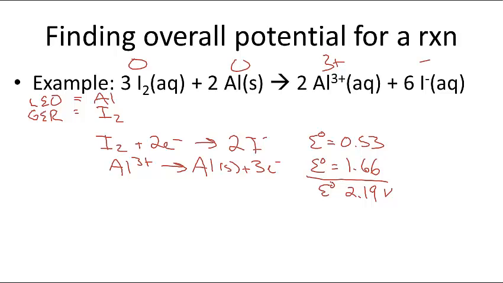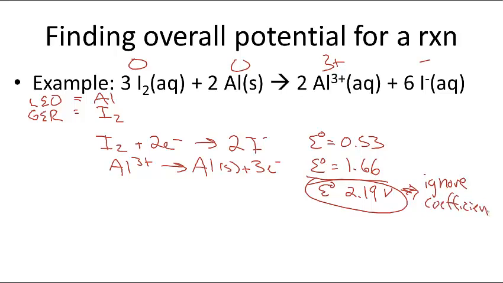Now, you could say, Mr. Bennett, but wait. What did you not take into account? I did not take into account the coefficients. It's 3I2 and 2 Al. You ignore coefficients.